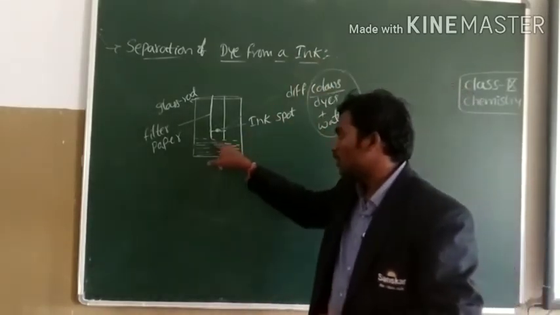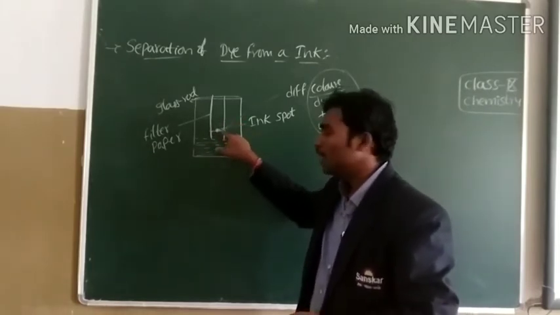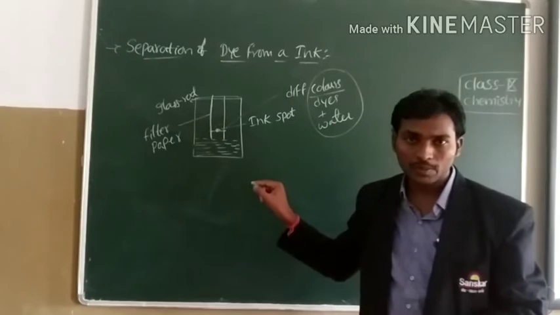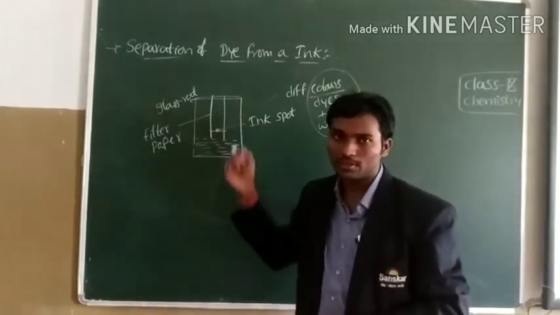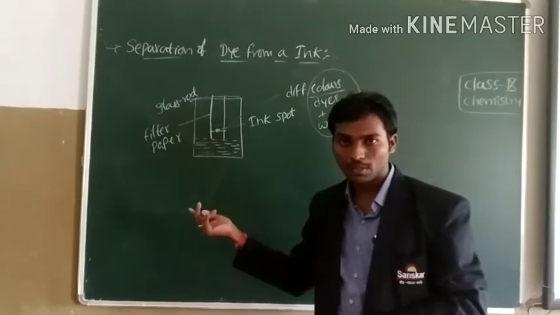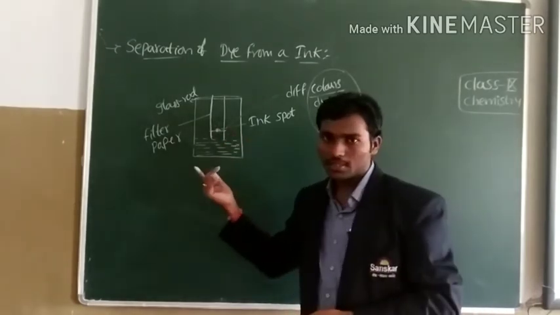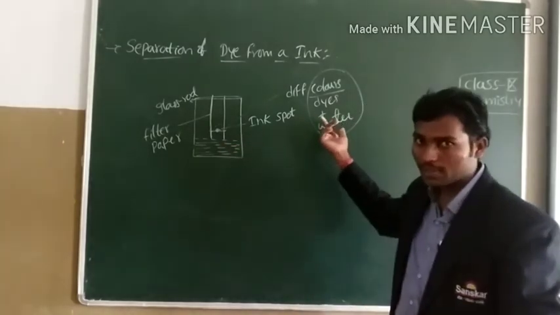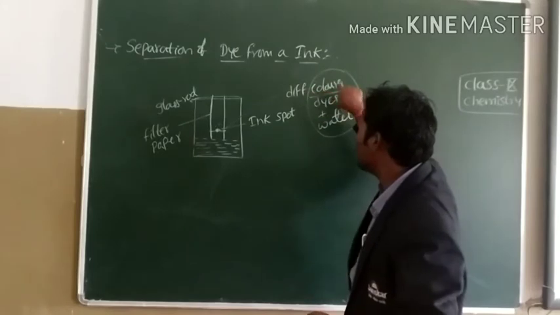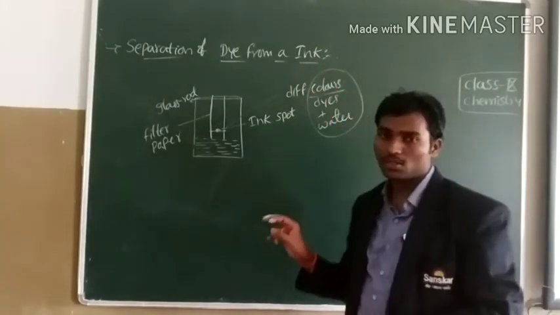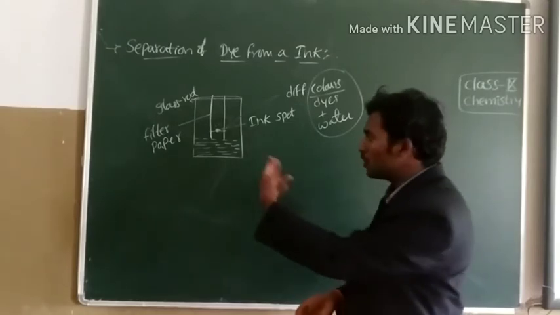Because when the water rises over the filter paper, the intensity of the ink spot decreases, and it appears in different colors. That proves that ink is not a single substance. It is made up of different dyes or colors, which are different solutes present in the solvent, forming a solution.